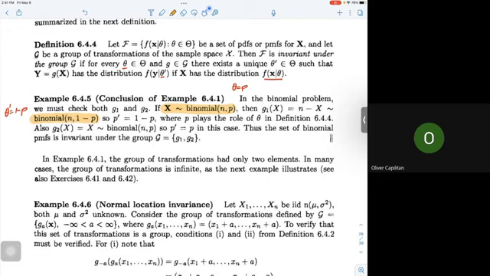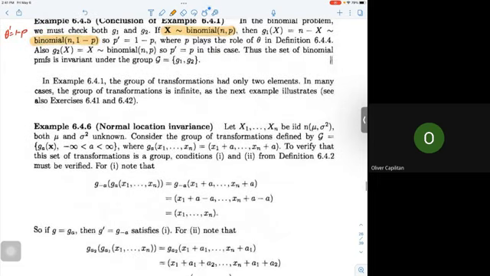But we have another example here. Example 6.4.6. Now the group of transformation is an infinite set. It's an infinite set. Then after that, we're going to verify that this group of transformations is indeed a group if it satisfies the three properties.